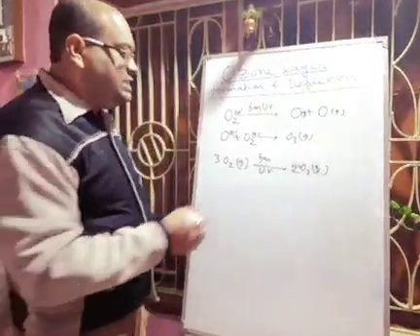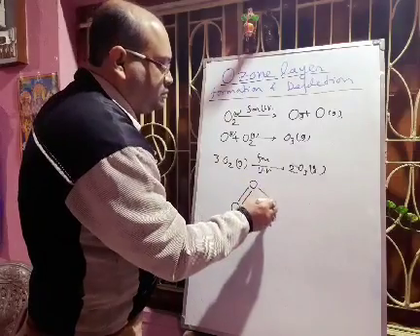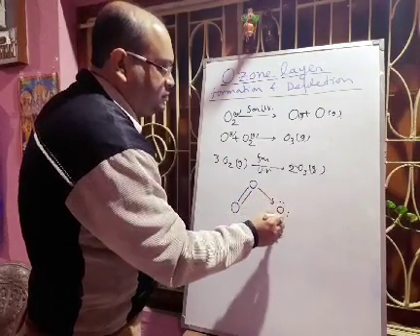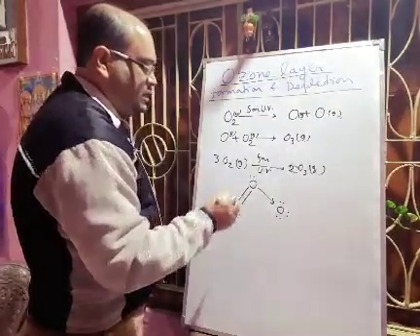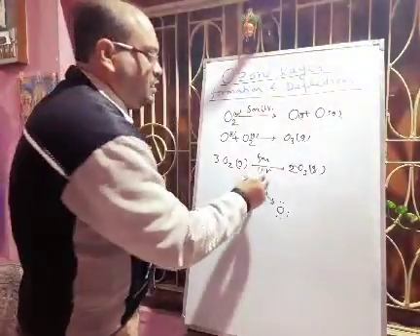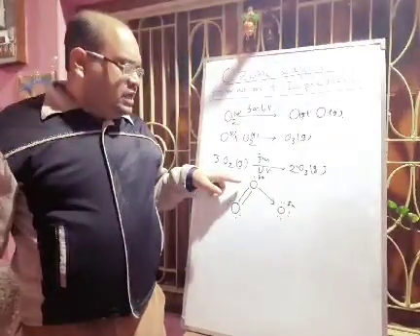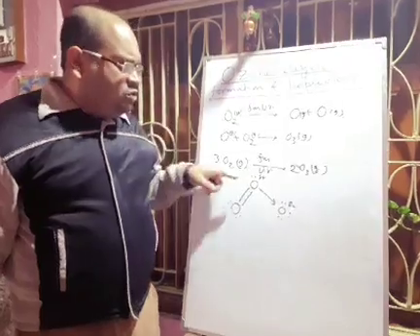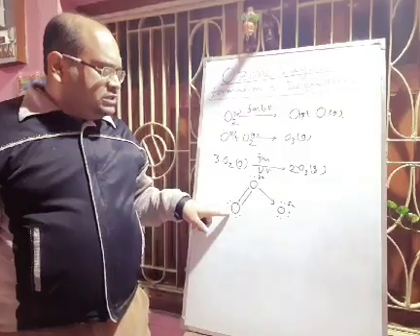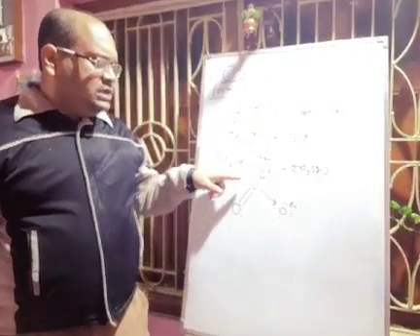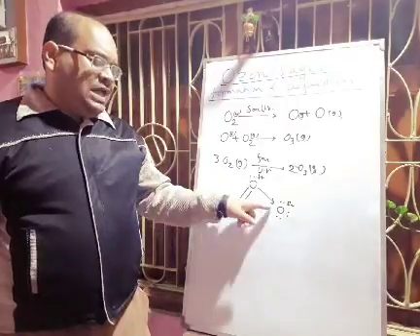If you draw the structure of ozone, it will be a V-shaped structure. Here will be delta plus, delta negative. Two oxygens are attached by a double bond, and this oxygen has two lone pairs of electrons, and this oxygen has only one lone pair and there is one coordinate bond with another oxygen.